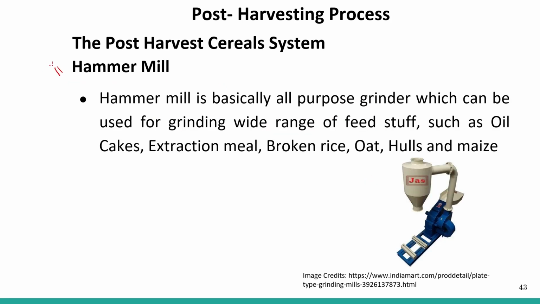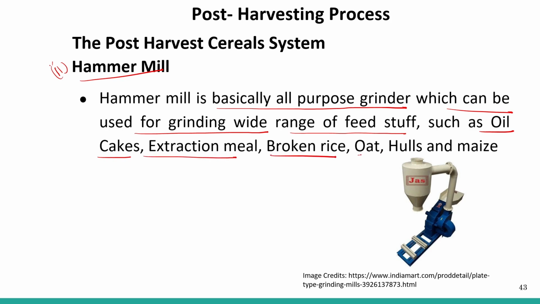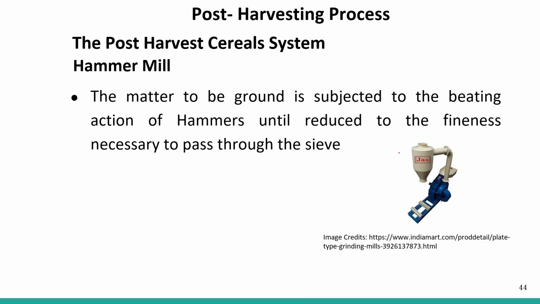The next type of mill is the hammer mill. What happens in a hammer mill? Hammer mill is basically an all-purpose grinder which can be used for grinding a wide range of feedstuffs such as oil cakes, extraction meal, broken rice, oat hulls and maize. So this is used for so many things.